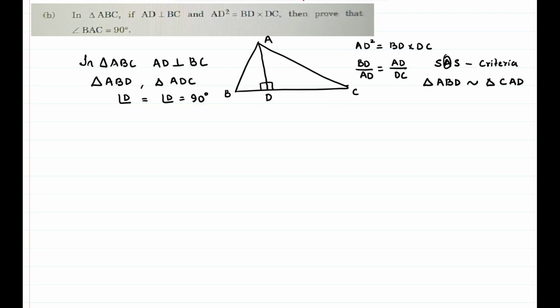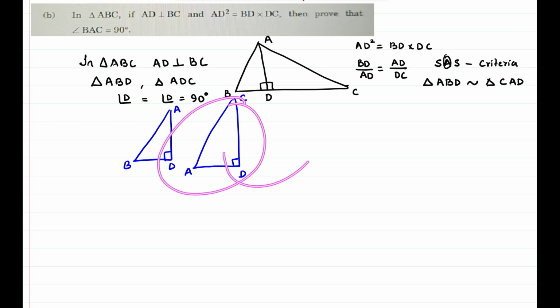One triangle would look like this, which will be A, B, D, and the other triangle will be looking like this, with naming as C, A, D. This order is obtained from the information given here. So don't write whatever you feel like. The ratios have to be written properly as per the given information.